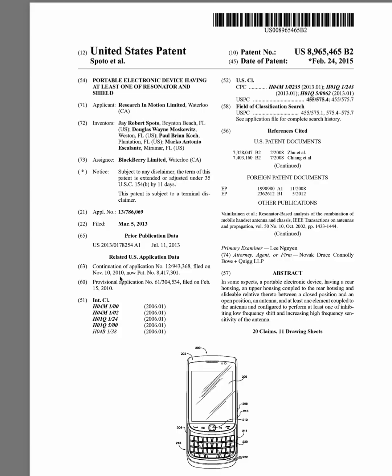So probably the earliest priority date, based on just this information that I have here, is a 2010 priority date. So if I were to try to figure out how long the patent lasts, I would be going from November 10th, 2010, and then I would add 20 years plus 11 days.